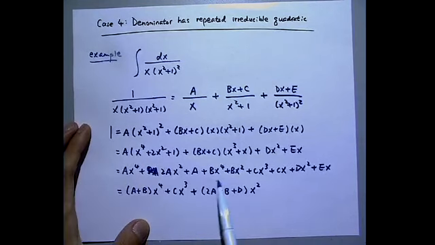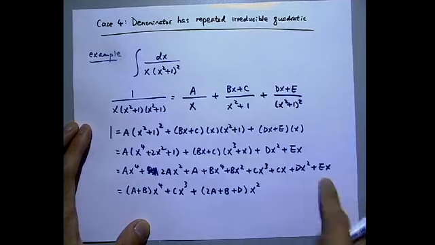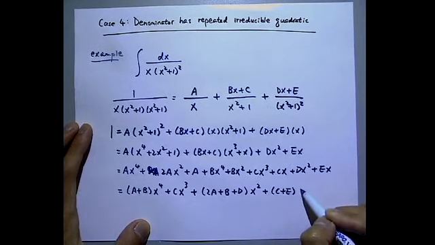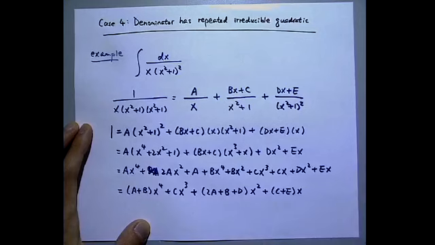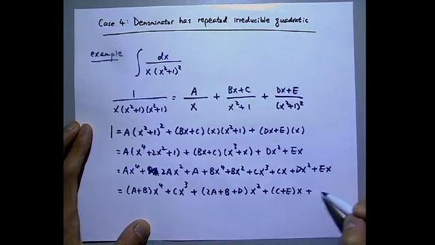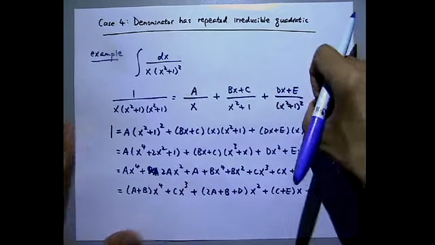X terms. Do we see any x? C and E, right. And finally, just the constants. Do we see constants? A, right? Okay.